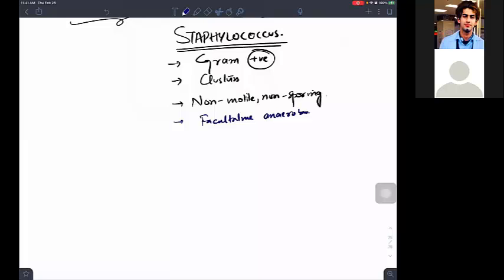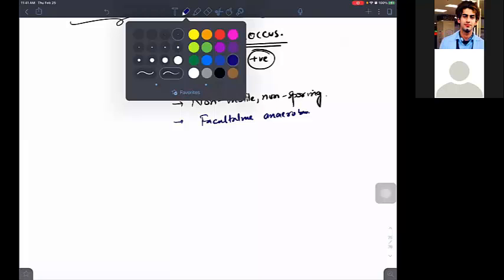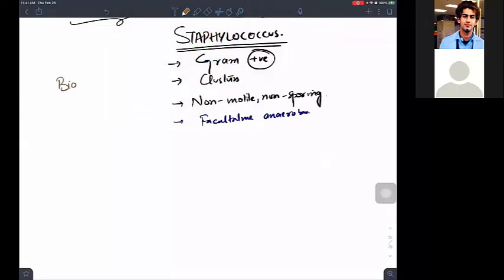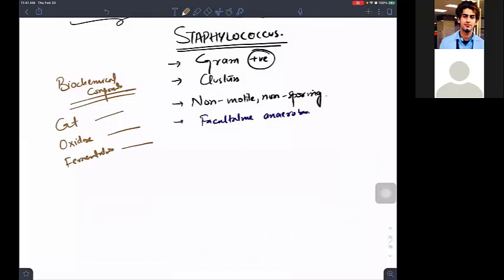If I take their biochemical components, what enzymes can they have? Catalase, oxidase, and fermentation. Catalase they are positive, that's okay.